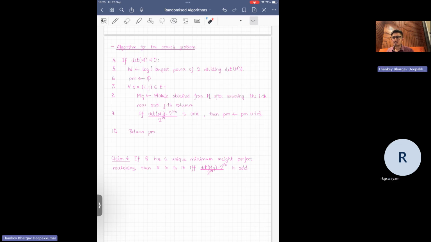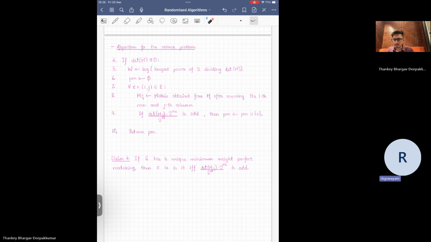Now suppose that the edge ij was present in the unique minimum weight perfect matching. Then after I remove vertex i and vertex j, in the remaining graph, whatever remains of the unique minimum perfect matching would still be a perfect matching, right?